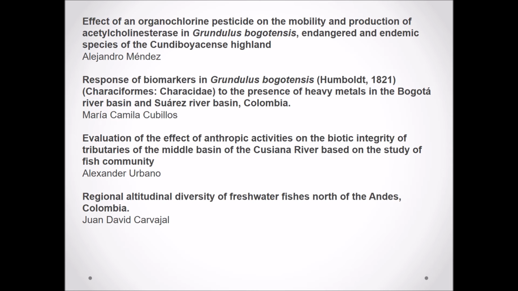We also have the evaluation of the effect of anthropic activities on the biotic integrity of tributaries of the middle basin of the Cusiana River. And we have the regional altitudinal diversity of freshwater fishes north of the Andes, Colombia, among other investigations.